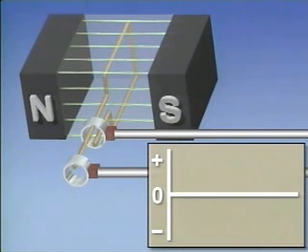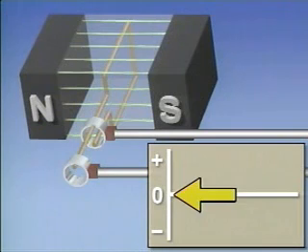Now, let's plot the voltage produced by the conductor in this simplified AC generator. We'll start with the conductor in the vertical position. When it starts to move, the movement will be almost parallel to the lines of flux that make up the magnetic field. At this starting point, the angle between the conductor and the flux lines is 0 degrees, and no voltage is induced.